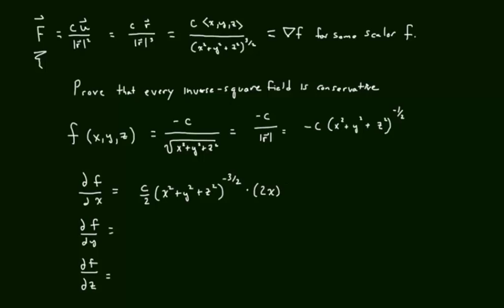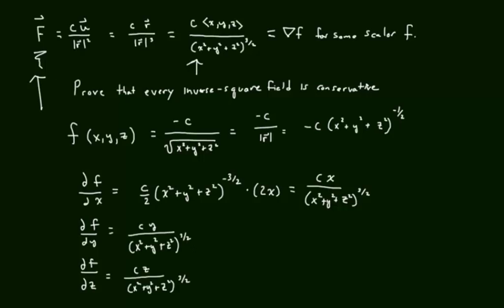The 2's cancel out, and I have cx over x squared plus y squared plus z squared to the 3/2 power, which is indeed the x component of this vector field. Likewise, partial f partial y equals as follows, and partial f partial z equals as follows.